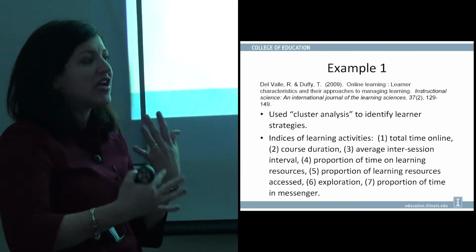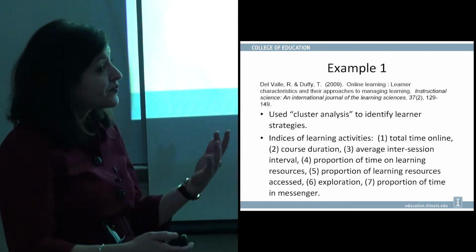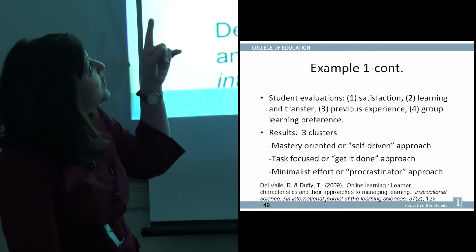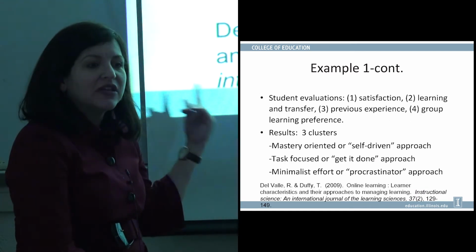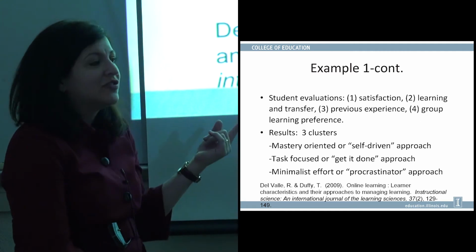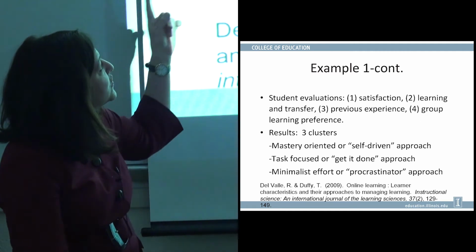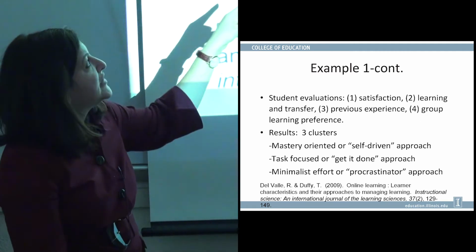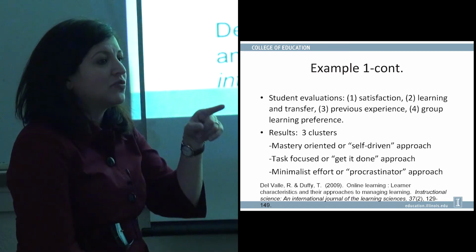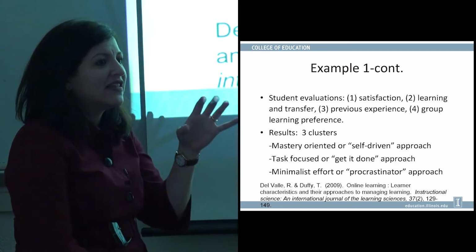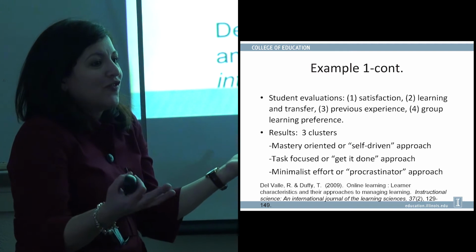It was more about the time that they spent doing these things. And I was thinking, how are they relating this to student learning? But they're correlating this to student satisfaction, which is similar to what you said last week, that there's a lot about their satisfaction with a product.